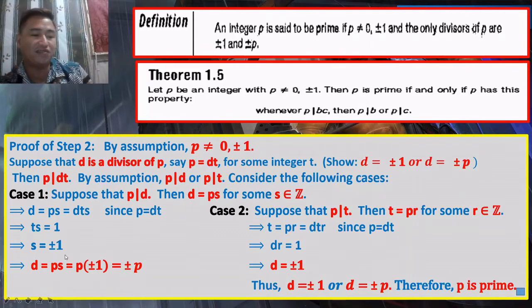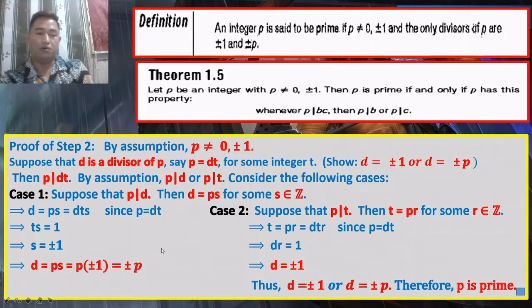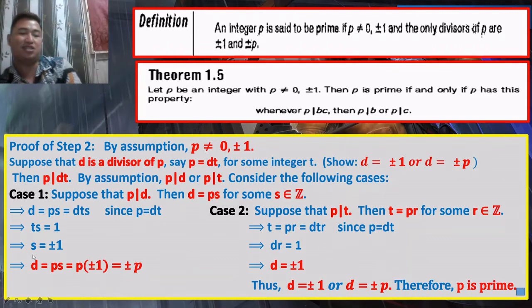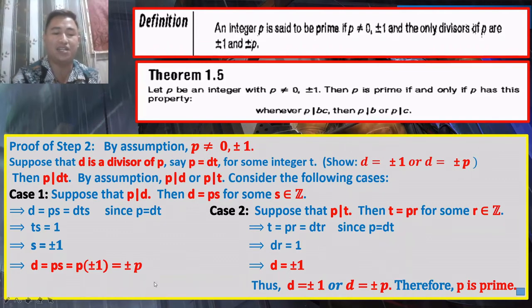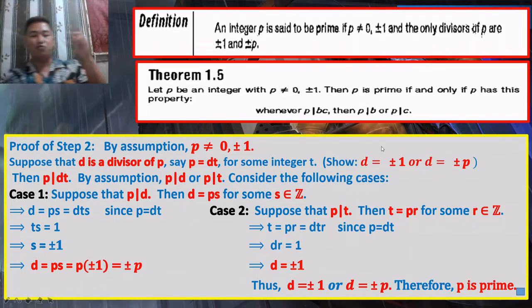Then D is equal to PS, substituting S as positive or negative 1, P times positive or negative 1, which is equal to positive or negative P. So we have shown that D is equal to positive or negative P. That is one of the parts we wanted to show.